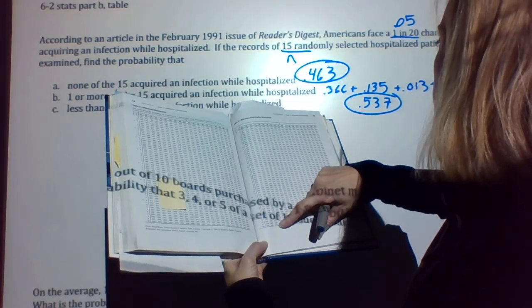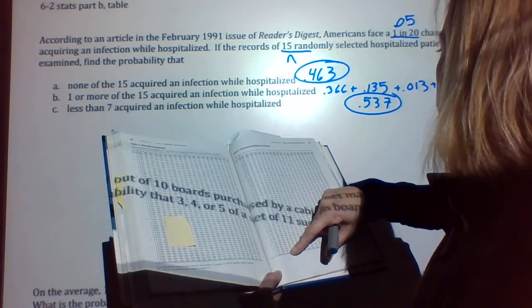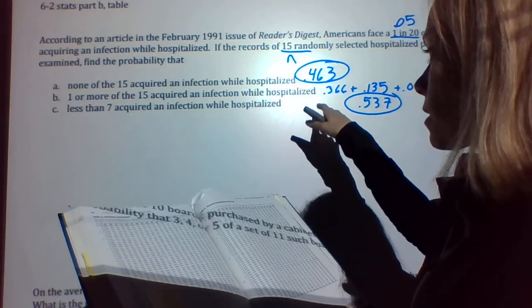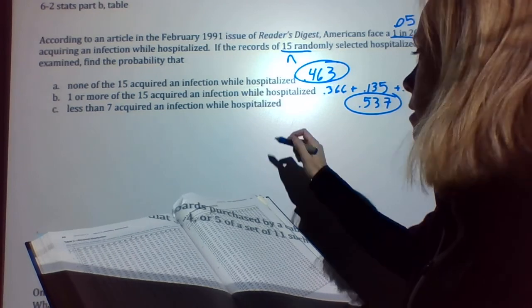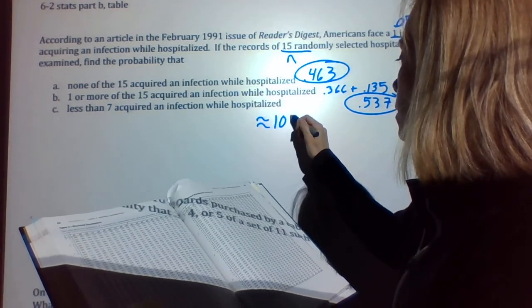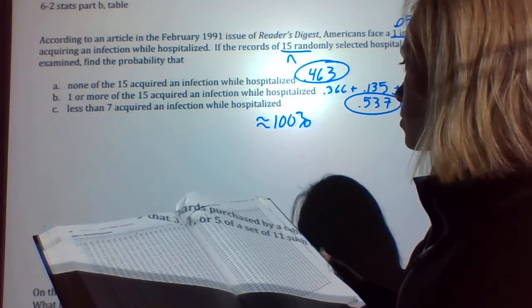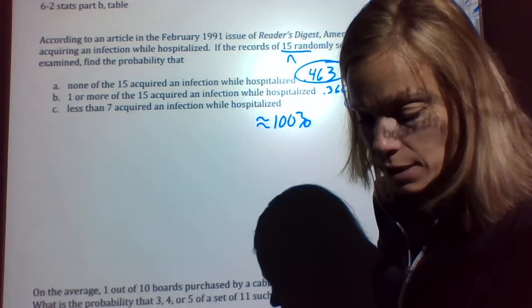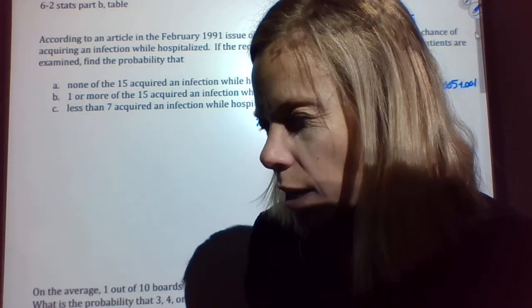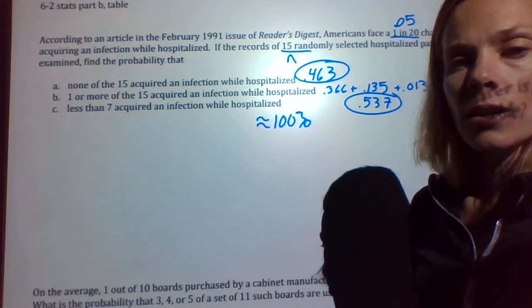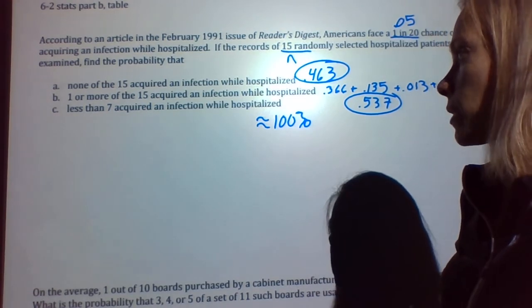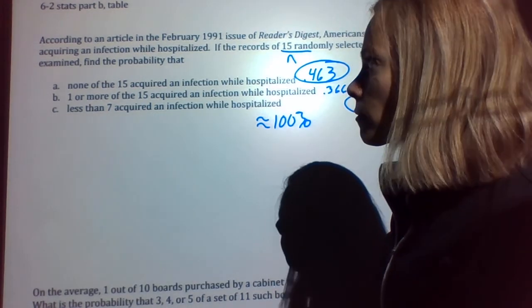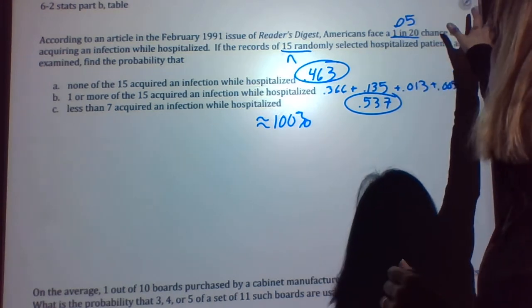So what should happen when I add these all up is that I get approximately 100%. And that's what I'm going to say, 100%. Because there is no such thing as a 100% guarantee. In statistics, we say approximately 100%. Like, it's really, really likely to happen. Okay, let's try another one.